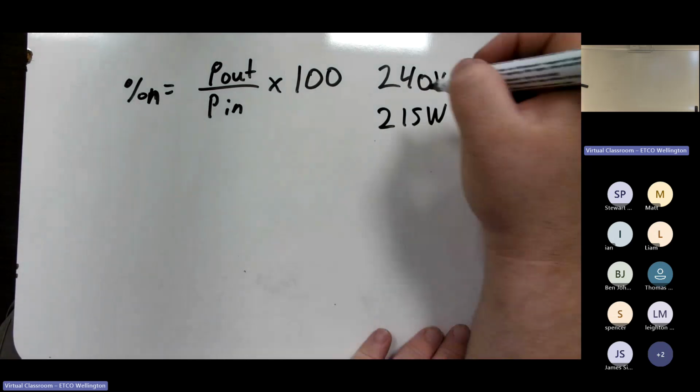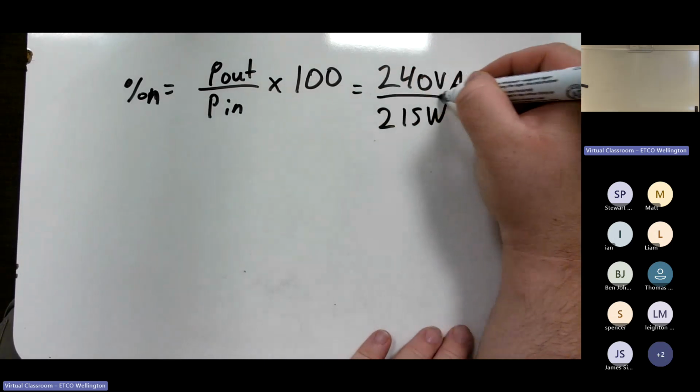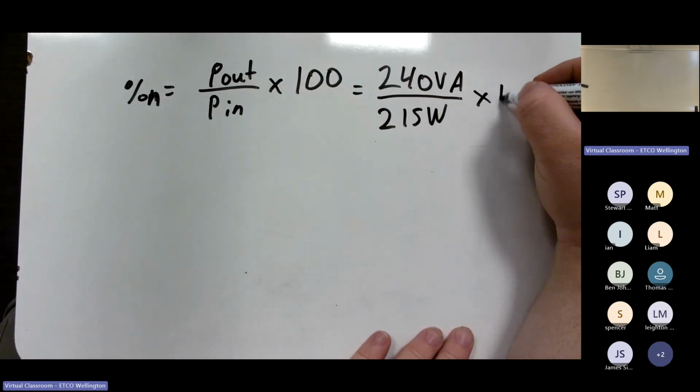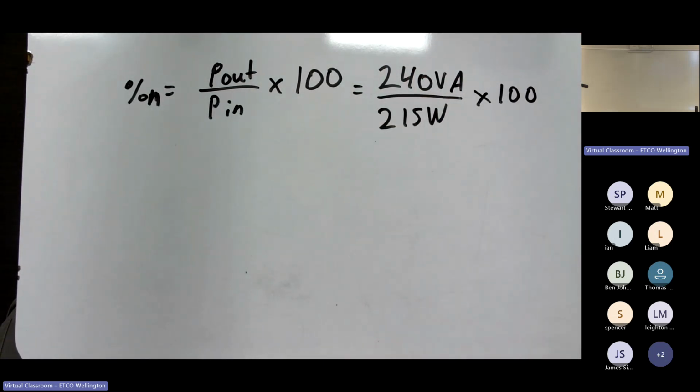So simple, we just go this times 100. 240 divided by 215. No, other way around, flip them.